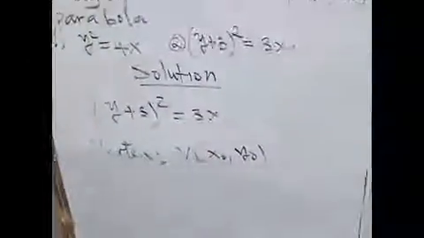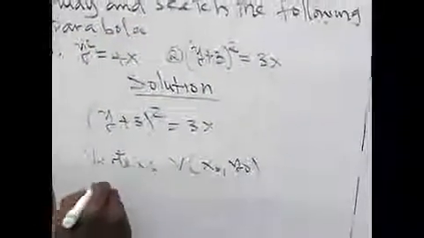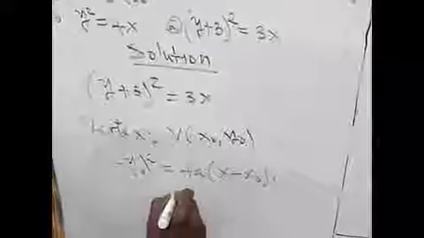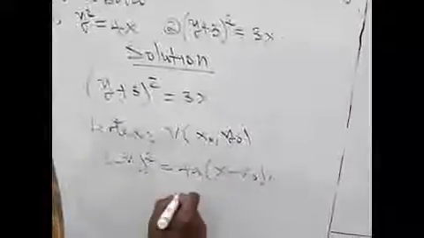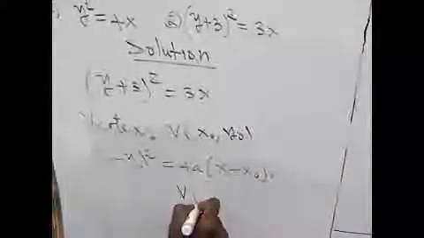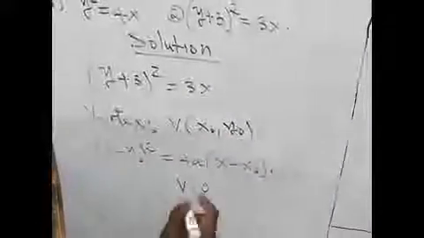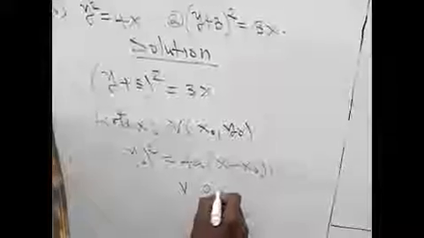Comparing it with the standard parabola, which states that we have y minus y naught all that squared equals to 4a into x minus x naught. That means that if we want to look at it keenly, our vertex x naught is going to be 0 and our y naught will simply be minus 3.